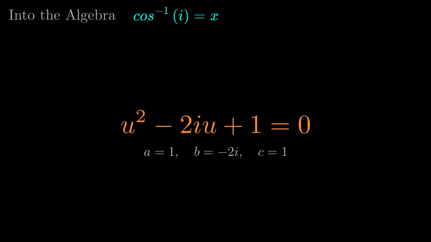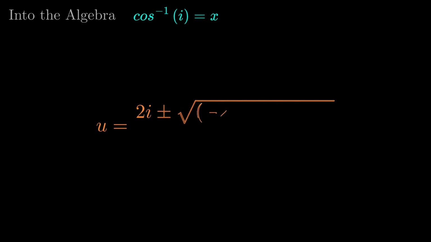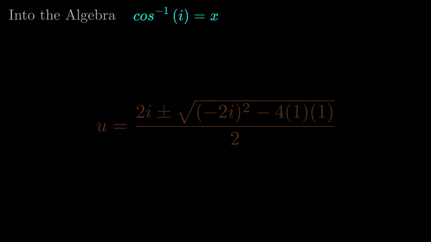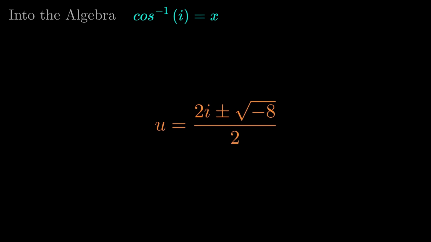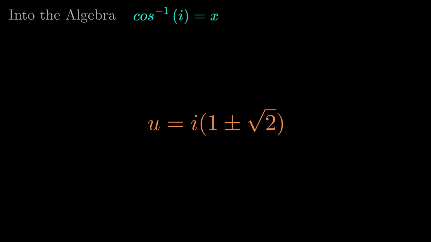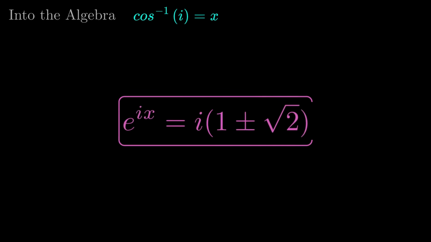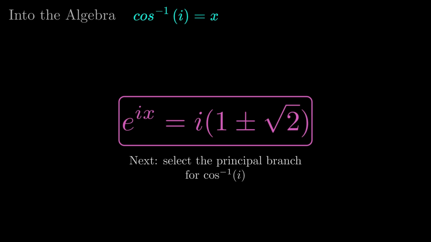Now use the quadratic formula. The solutions simplify to u equals i times 1 plus or minus square root of 2. And finally, we undo the substitution. e to the ix equals i times 1 plus or minus square root of 2. Next, we'll choose the correct branch to get the principal value of arc cosine of i.